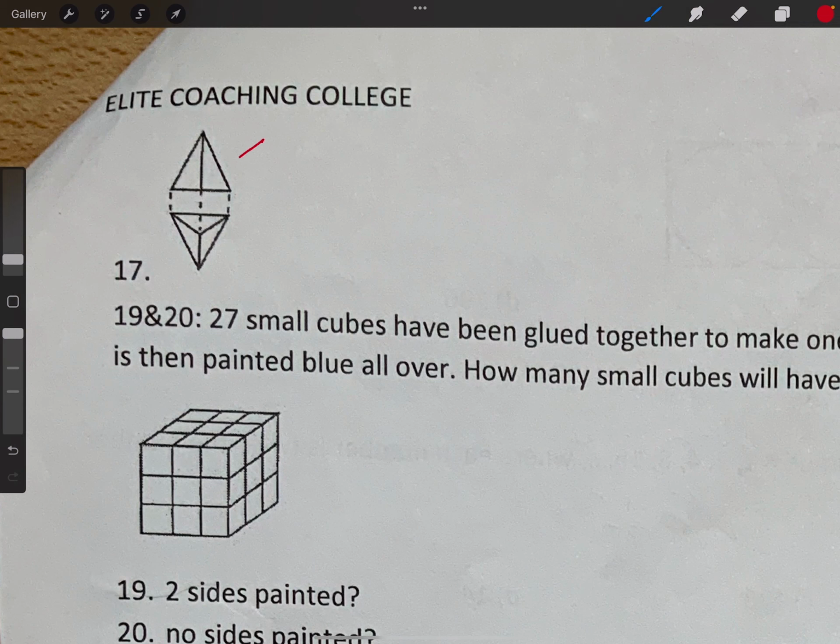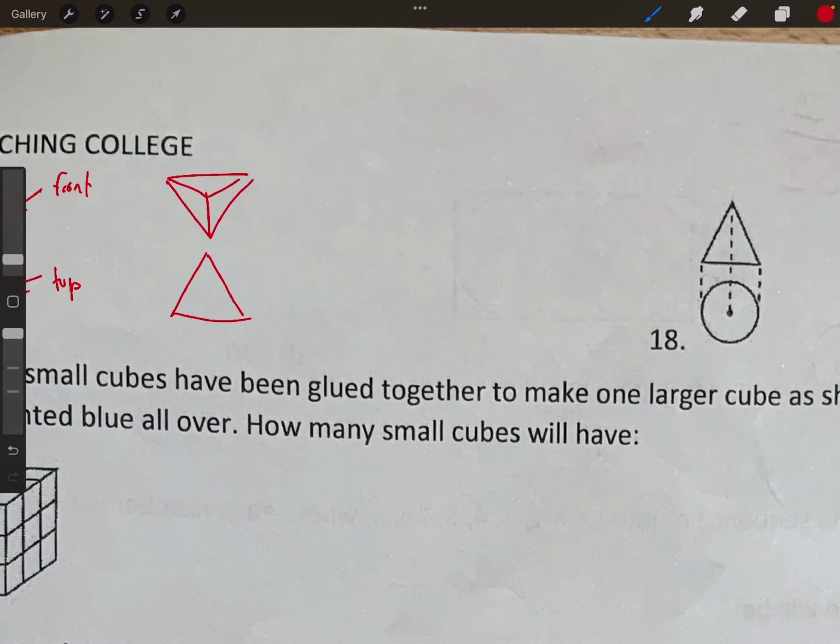Okay, so this is the front and top. So imagine if the top looks like that, and the front looks like this. If I draw this, it might look something like this. Wait, hold on.